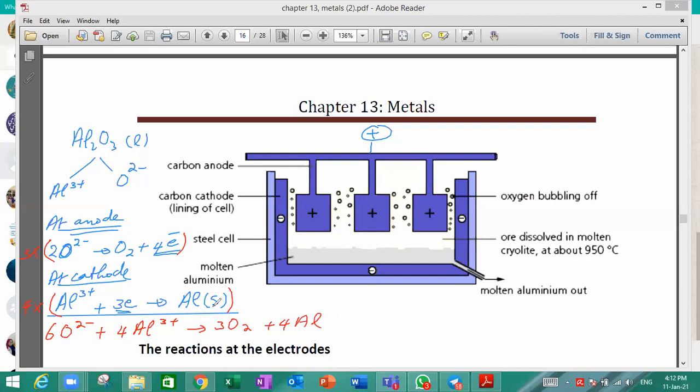Of course, it's in the liquid, molten state, and we don't have any electrons. They are canceled. And so we get molten aluminium right up here from this opening at the lower bottom.